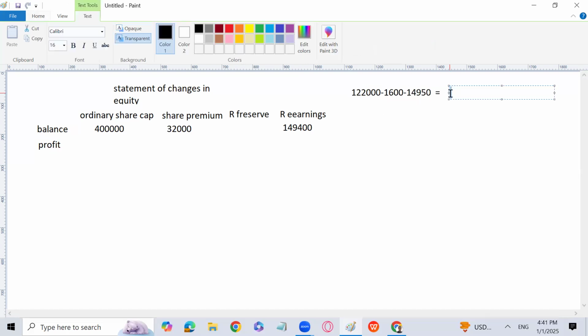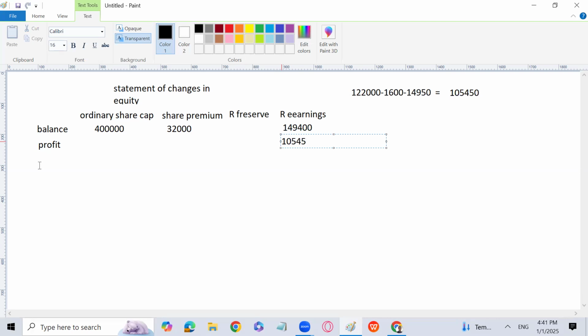The inventory has been recorded at 54,000 rather than 39,050. Because of that, the inventory has been overvalued. So 14,950 should be subtracted from the inventory and from the profit also. So the profit will be 105,450.